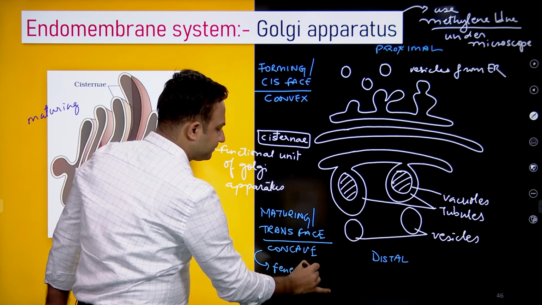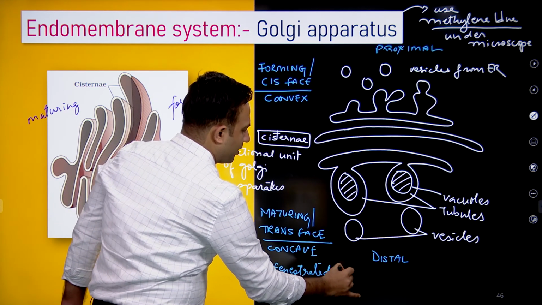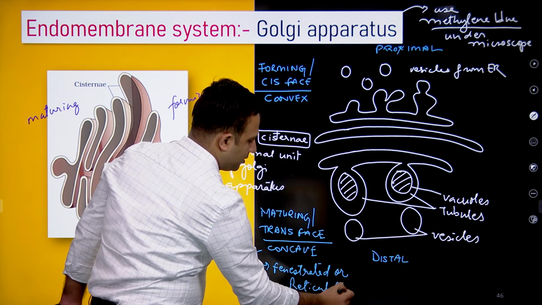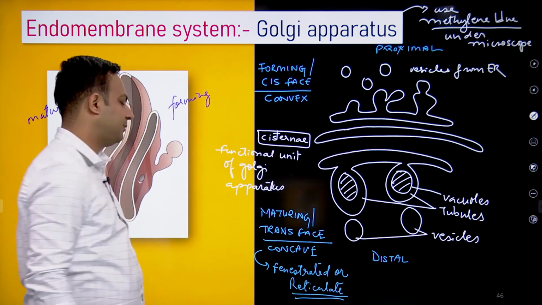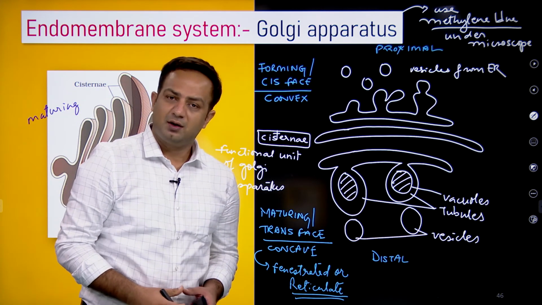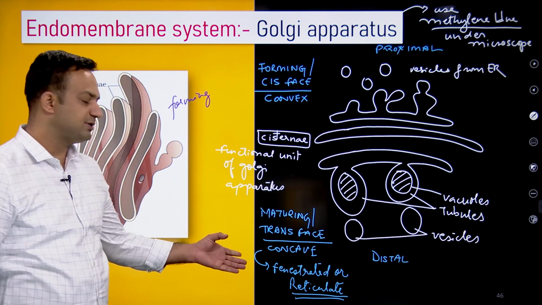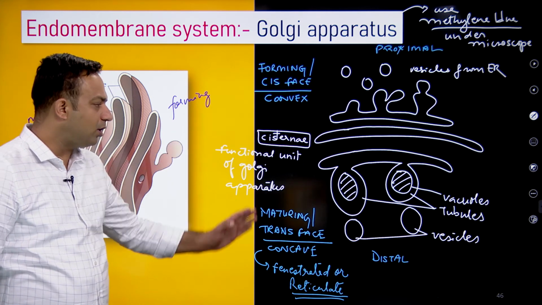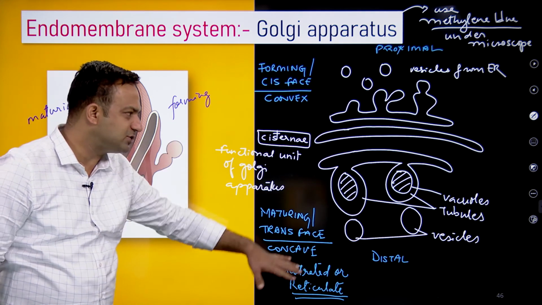Fenestrated or reticulate, right? This is fenestrated or reticulate. This is how we can mention this thing, the simple and the easiest one. Remember all the features. This is how the shape is getting changed.